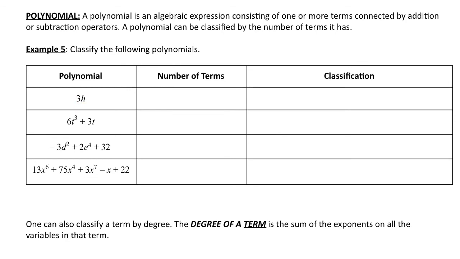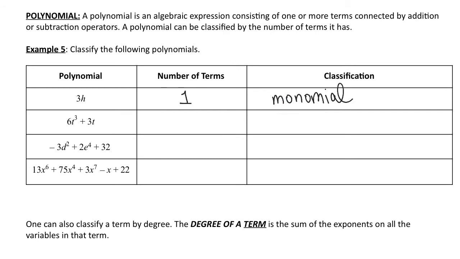The 3 and the h together is one term. And so the name that we give something that's just one term is called a monomial. The way that you can think about this is the prefix mono in Latin means one.